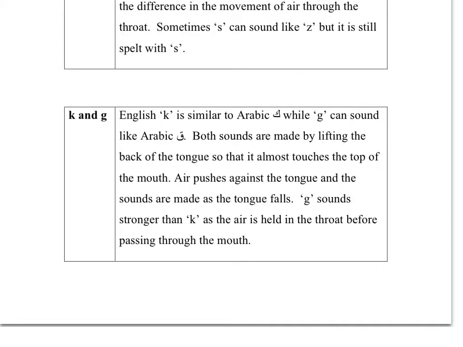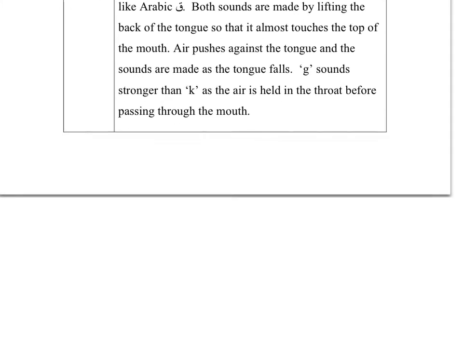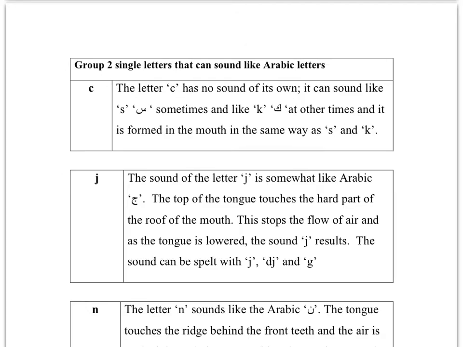Ka is similar to the Arabic kaf, and ga is somewhat similar to the Arabic ga. You have to be careful of these sounds at the end of words. For example, sing and sink, thing and think, as they sometimes cause some difficulties.